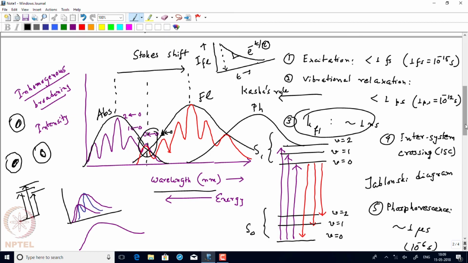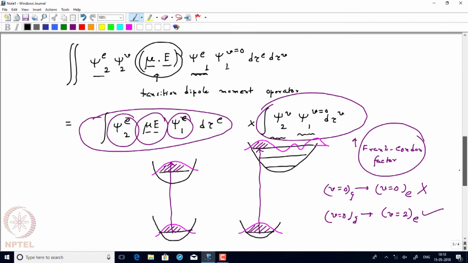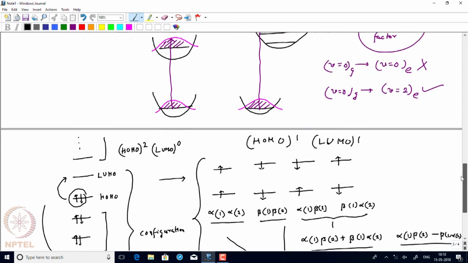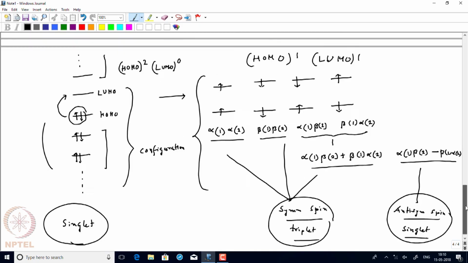We explained it in terms of a Jablonski diagram, and we also talked about the Franck-Condon factor, how it arises, because the coupling here is the electronic coupling. Keep in mind that there are 2 distinct things: one is electronic state, one is electronic configuration. Do not get confused between the electronic configuration and the states. Configurations can correspond to multiple electronic states.